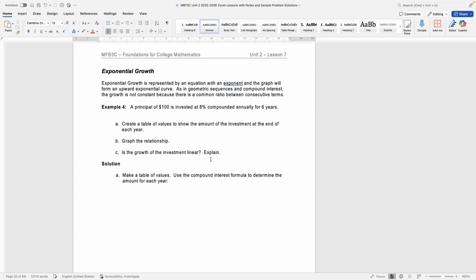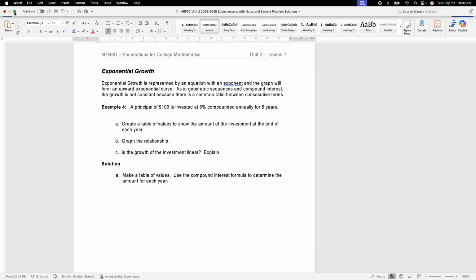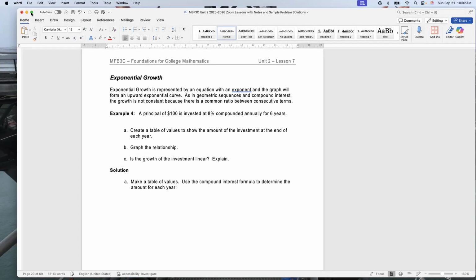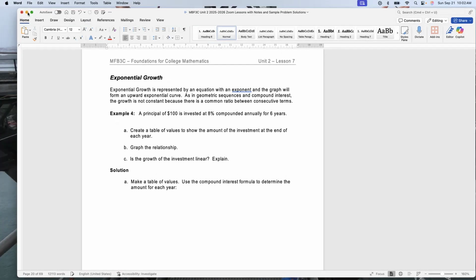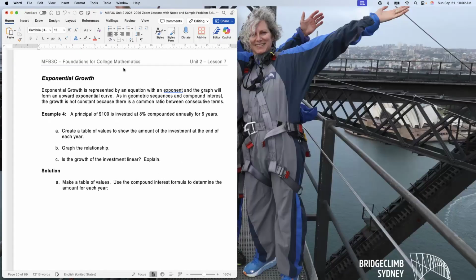So when we graph, we're going to use Desmos again. I'm going to lock this to the left-hand side of the screen so it stays there.